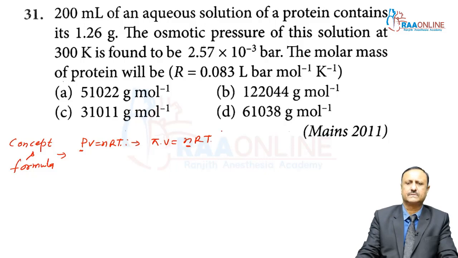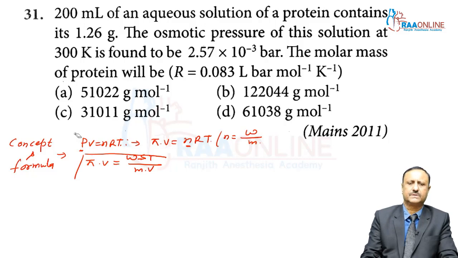So, my dear students, n is equal to W upon M. So, this formula, pi V is equal to W S T upon M. In this way, for the osmotic pressure, we can use this type of formula.